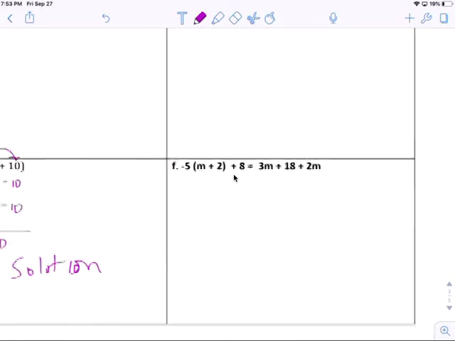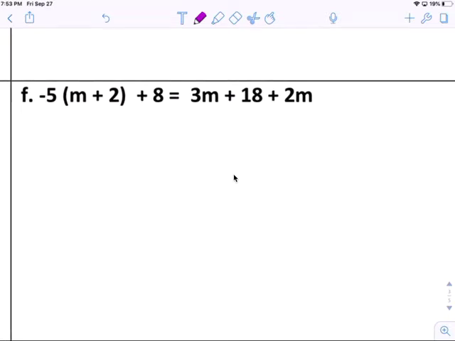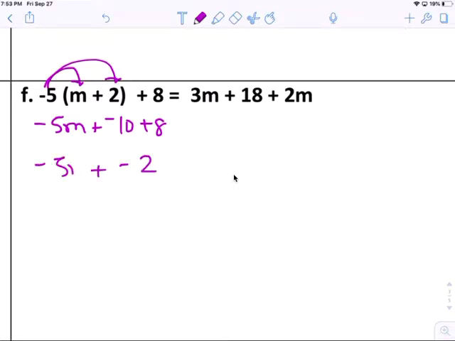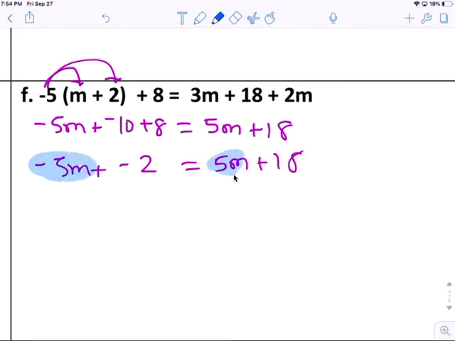Let's look at F. Negative 5 times M is negative 5M plus negative 5 times 2 is negative 10 plus 8. You got negative 2, negative 5M. This is 5M plus 18. These are not alike. You need to make one of them 0.